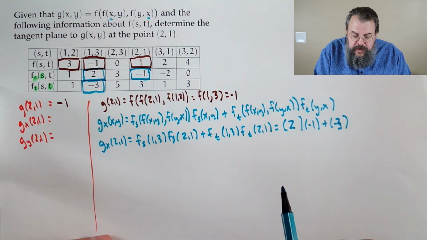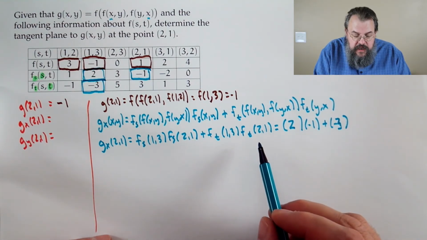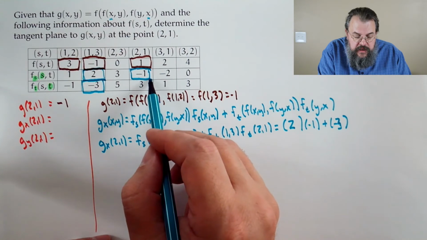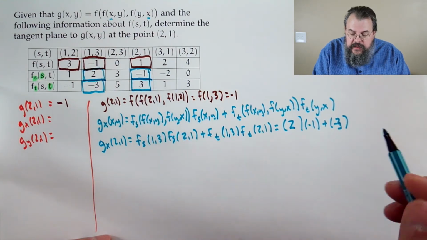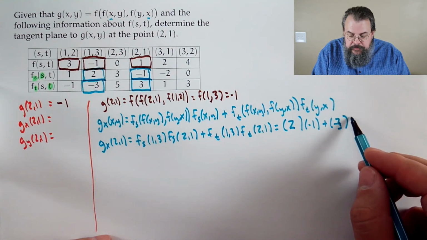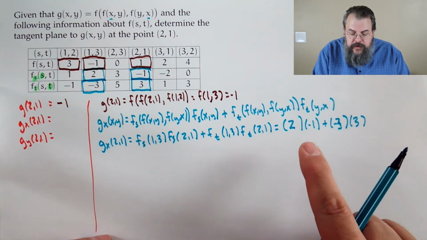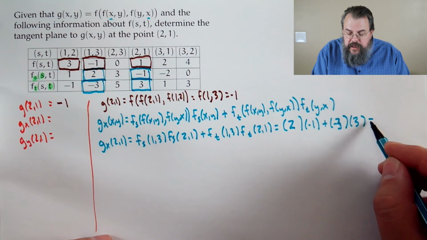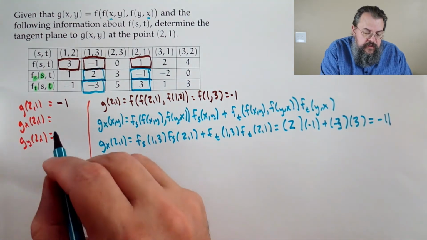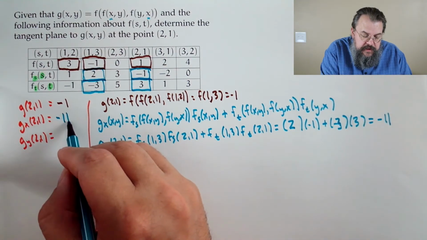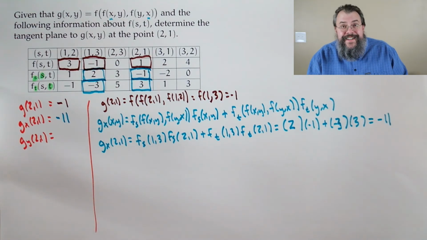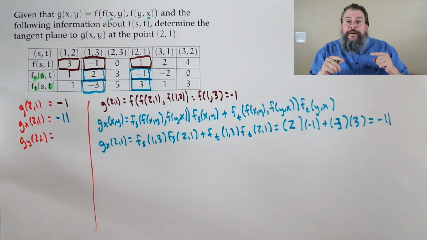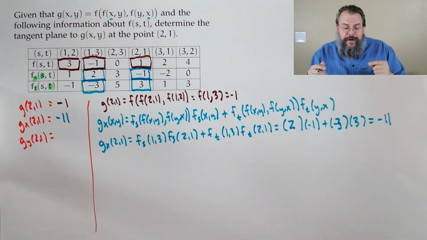And then f sub t at (2, 1). That's here, and that's positive 3. So we have 2 times negative 1, negative 3 times 3. Put them together, we get negative 11. So, negative 11. Good. All right. So we have our g sub x at (2, 1).